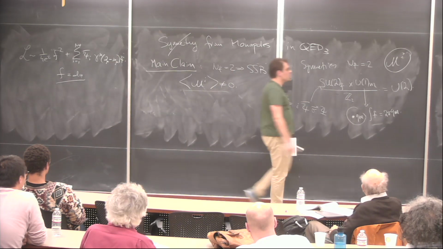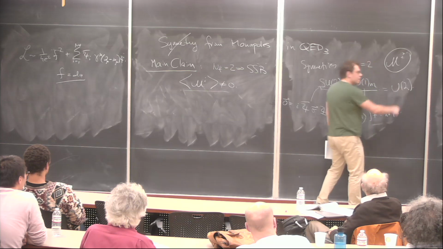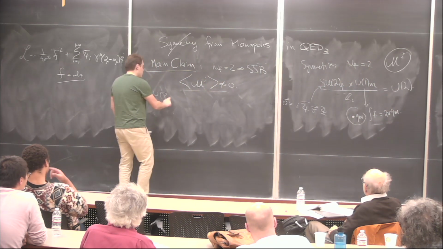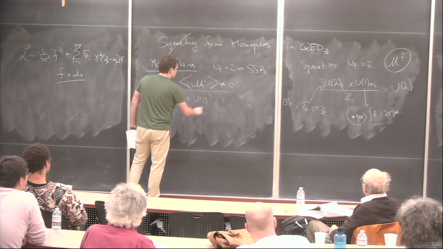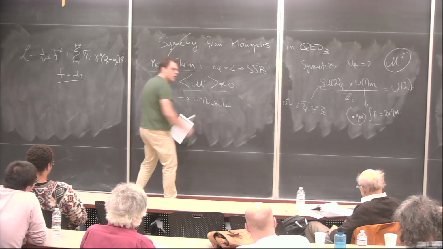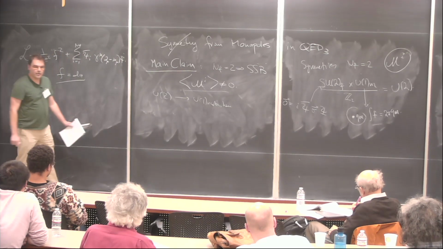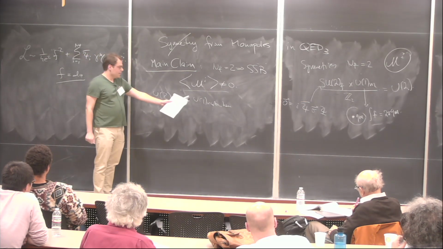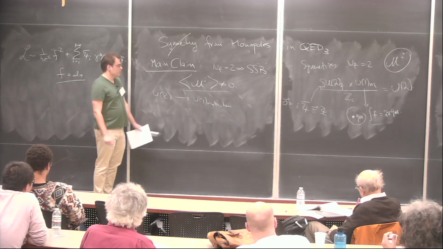Well, remember, because it has the quantum numbers of a U2 fundamental, that means it spontaneously breaks U2 to some unbroken U1 subgroup. Let me call it U1 unbroken. The standard model analog would be electromagnetism, but here it's a global symmetry. And because U2 is broken to U1, there are 3 Goldstone bosons.